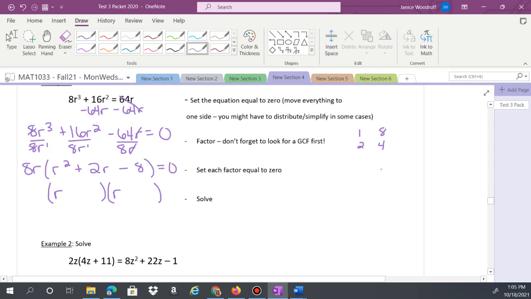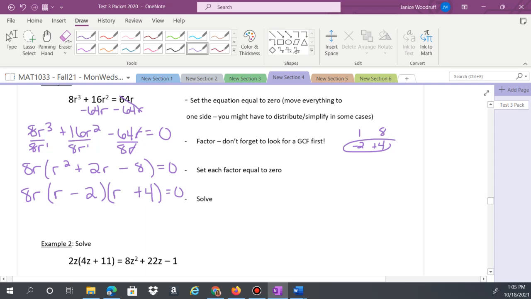So we need 1 positive, 1 negative, and add to positive 2. Yeah, positive 4, negative 2. So r minus 2, r plus 4. Negative 2 times 4, negative 8. Negative 2 plus 4, positive 2. 8r is also still a factor, and you want to bring down this equals 0. Okay, so that's all step 2.